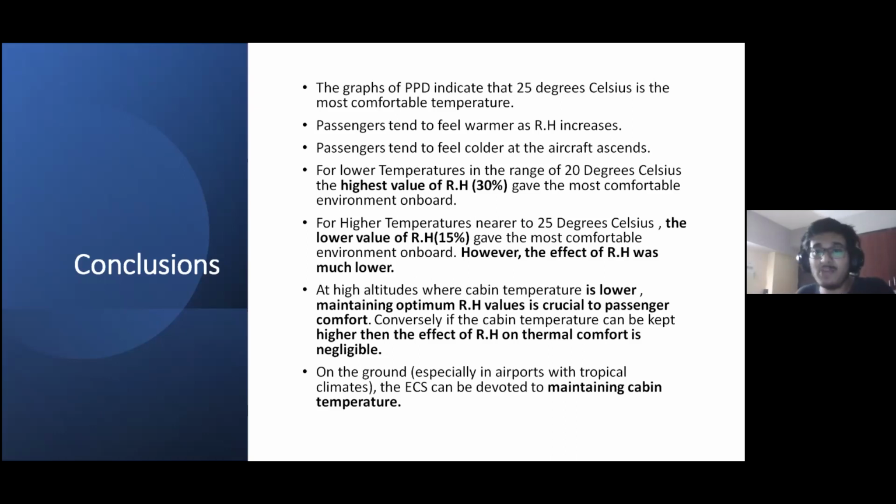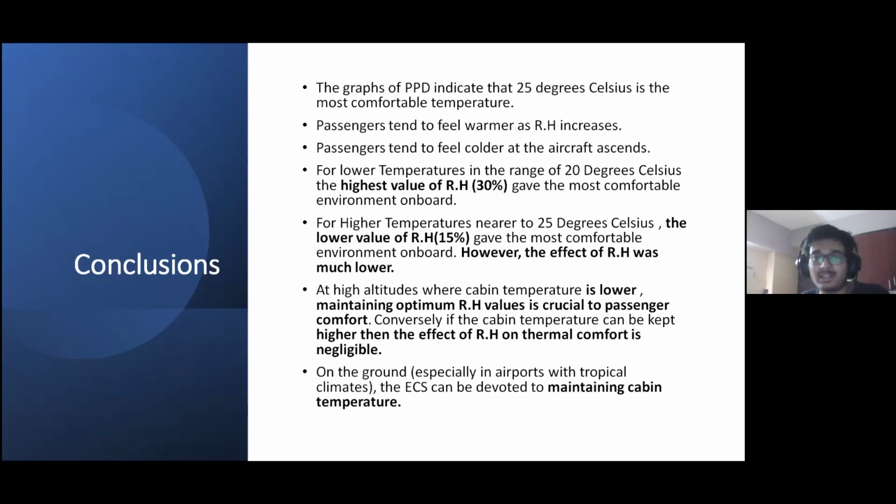You see, if you increase the temperature, passengers will feel warmer. If you increase the RH, passengers will again feel warmer. But we see there's a reversal between these two factors as you move within the ranges of temperature and humidity which passengers feel on board aircraft. At higher temperatures, for example, when the plane is on the ground, the temperatures are invariably higher, because of course if you're in a hot airport, temperatures will be higher.